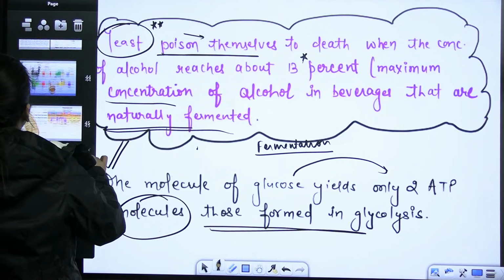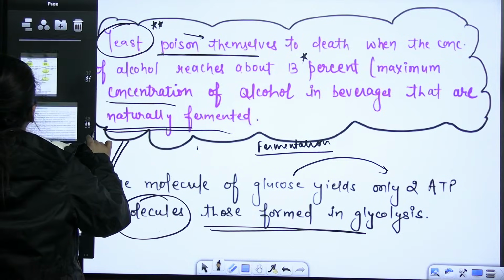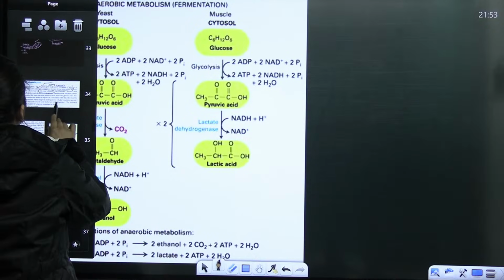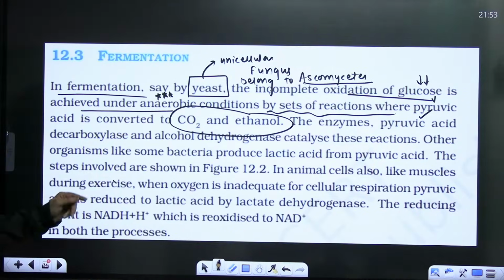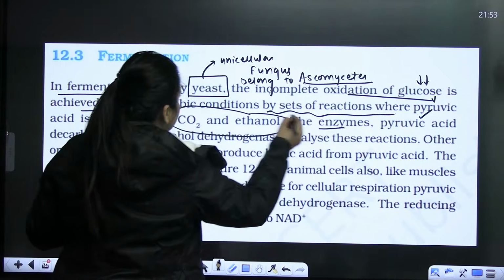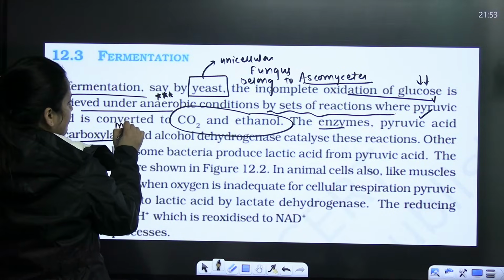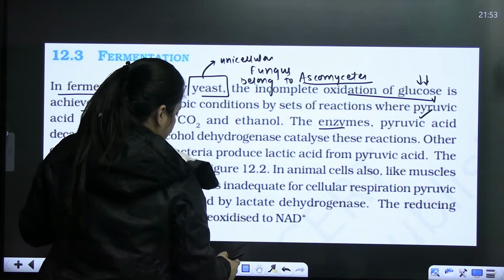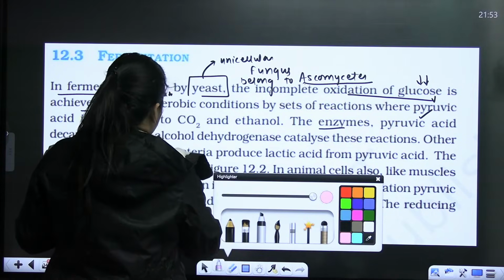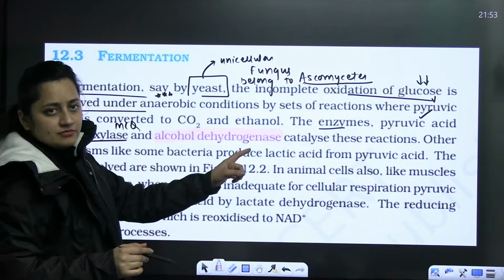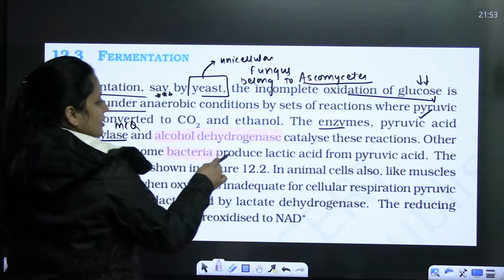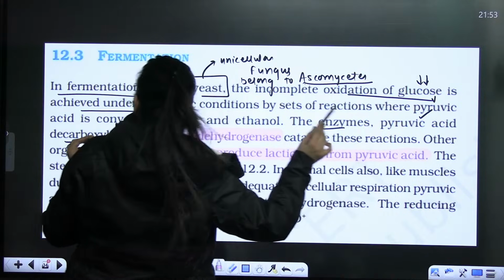The next topic that we are going to discuss is the Krebs cycle, or basically aerobic respiration. Let's highlight it from the NCERT, then go forward. The enzymes pyruvic acid decarboxylase, important MCQ, and alcohol dehydrogenase, another MCQ, will catalyze these fermentations. Bacteria produce lactic acid from pyruvic acid.